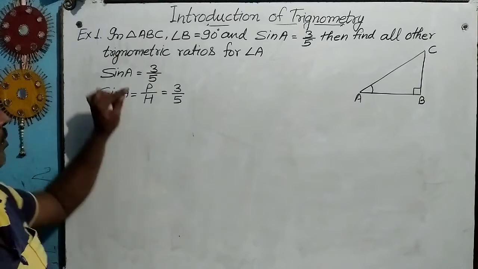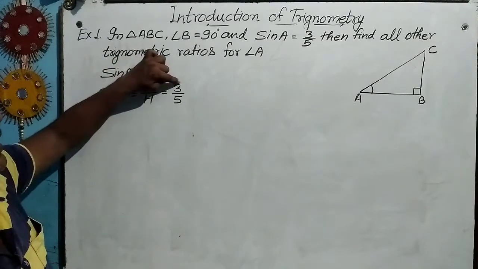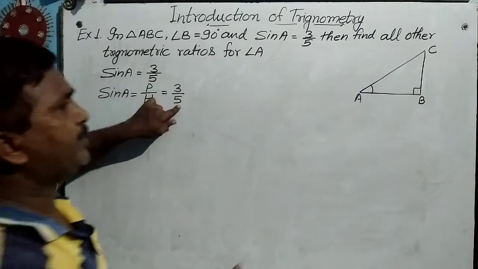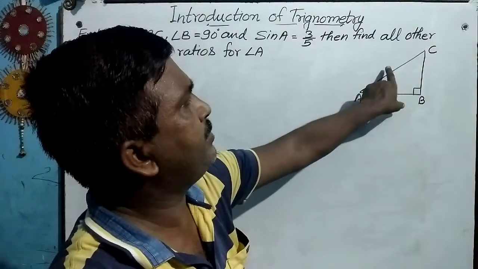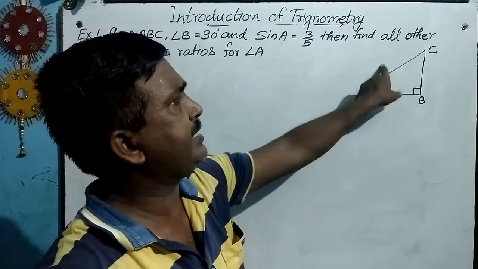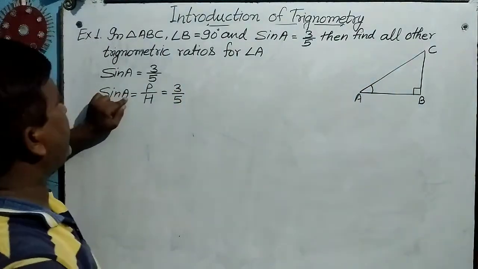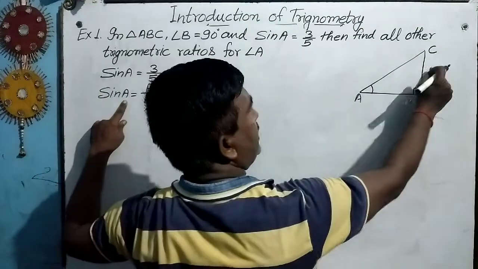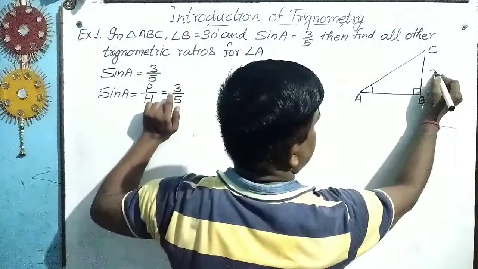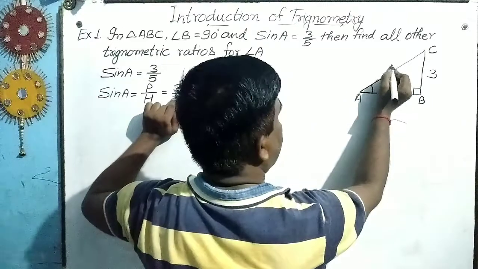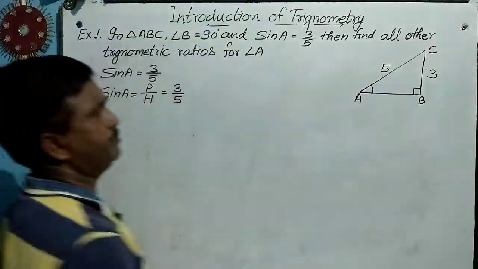Then listen. Perpendicular is 3, and hypotenuse is 5. So in this triangle, the hypotenuse is just in front of the 90 degree, and just in front of angle A is the perpendicular, that is 3, and the hypotenuse is 5.